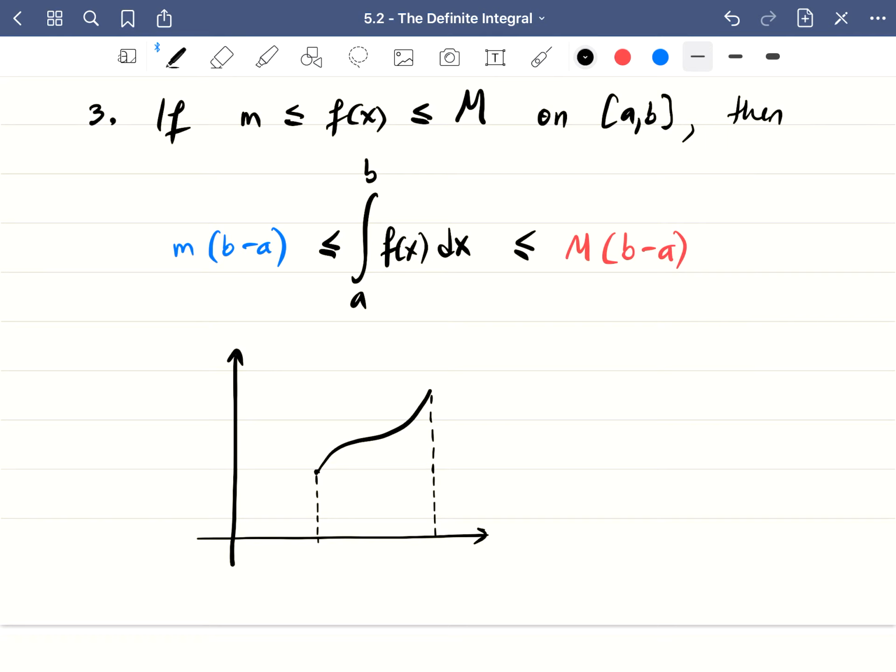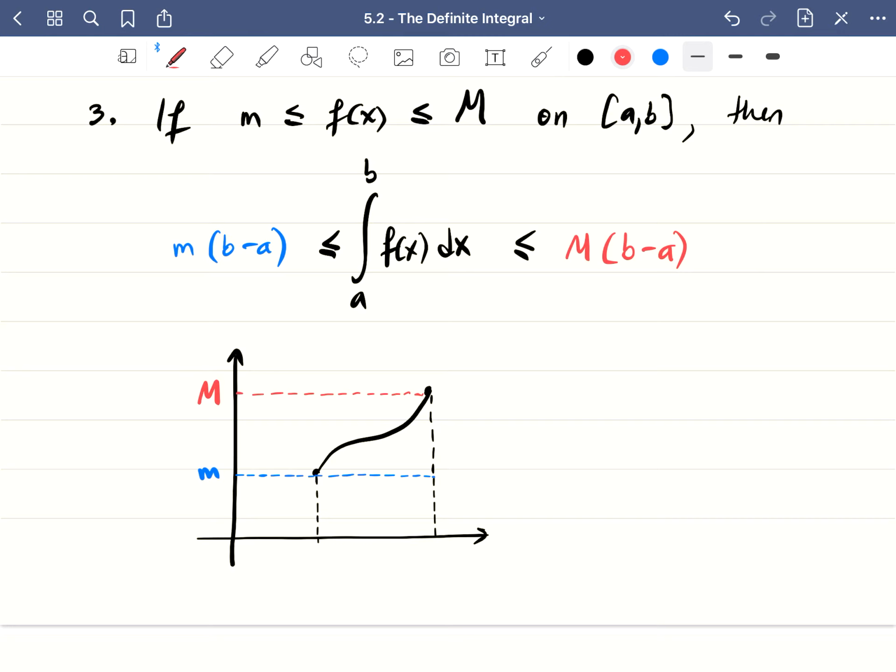Now the smallest value of the function is this value here, and the largest one is this value here. So we can say that this here is little m. If I extend this, I have that. And this value here is capital M.